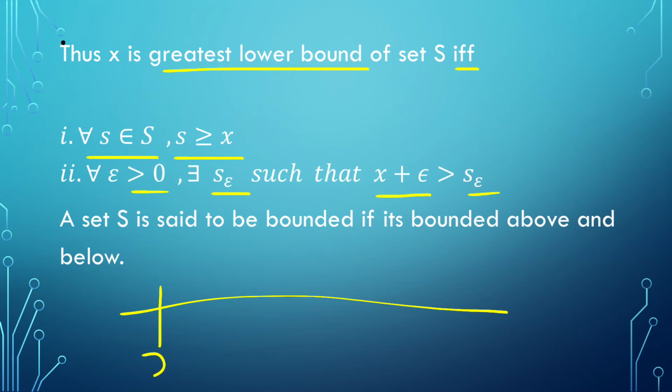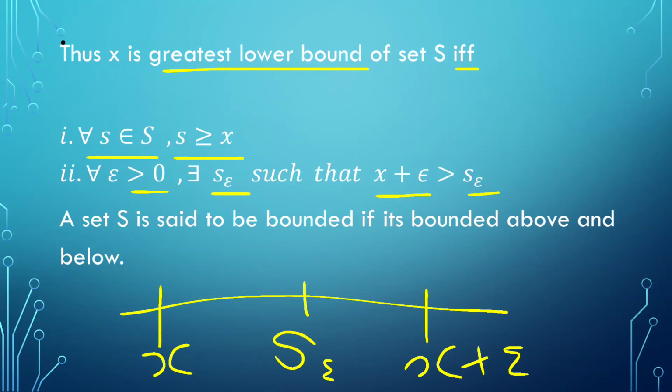We say that x is the greatest lower bound if, for a given epsilon which is positive, there exists a given s which depends on the epsilon, such that x plus epsilon is greater than the s which depends on the epsilon. So we have that kind of arrangement.